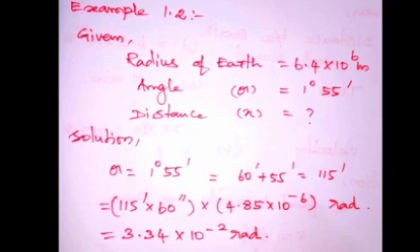That value should be multiplied with 115 minutes into 60 second into 4.85 into 10 power minus 6 radian, and finally we get theta equal to 3.34 into 10 power minus 2 radian. So very carefully, students, we have to convert the degree into second, then the second is converted into radian.